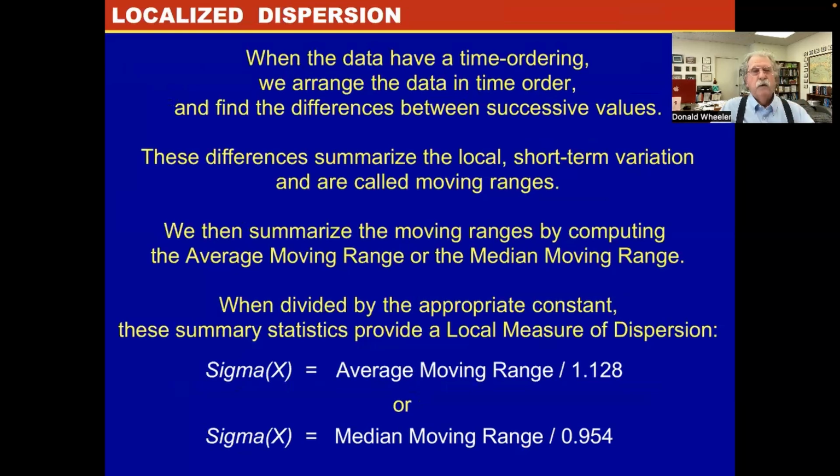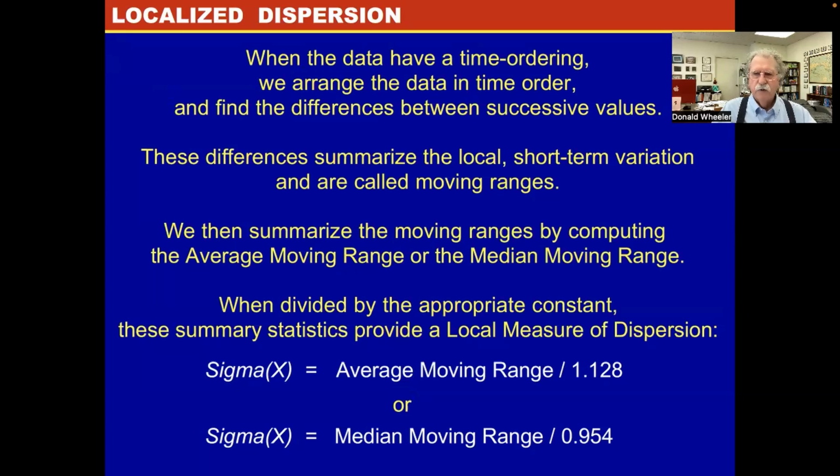So when the data have a time ordering, we arrange the data in time order and find the differences between the successive values. These differences summarize the local short-term variation and are called moving ranges. We then summarize the moving ranges by computing the average moving range or the median moving range.